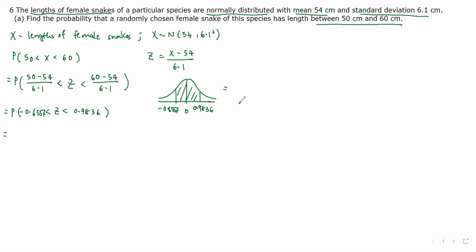The standard normal table given to us is a left-tail table. So we find the area where Z is less than or equal to 0.9836. The table will give us this probability, and we need to subtract the area that we do not want, which is to the left of negative 0.6557.